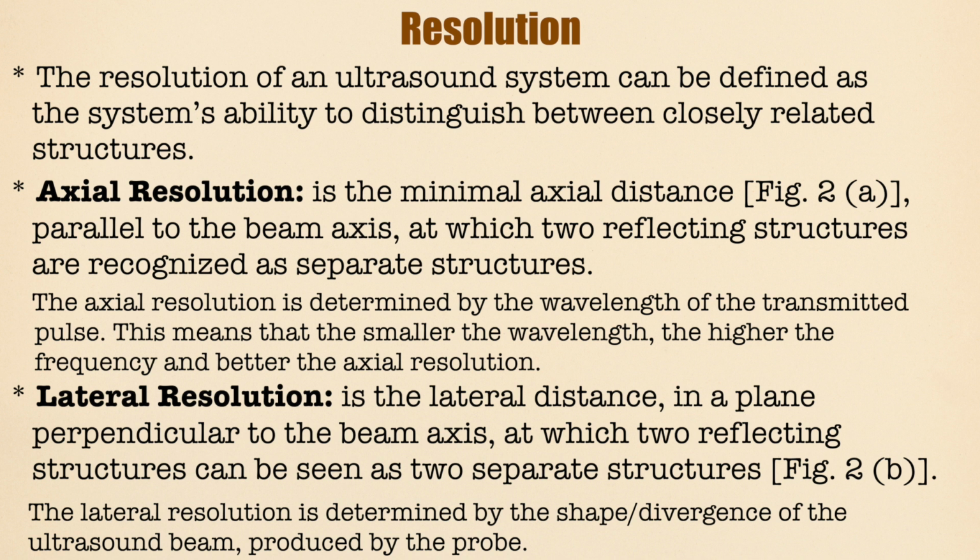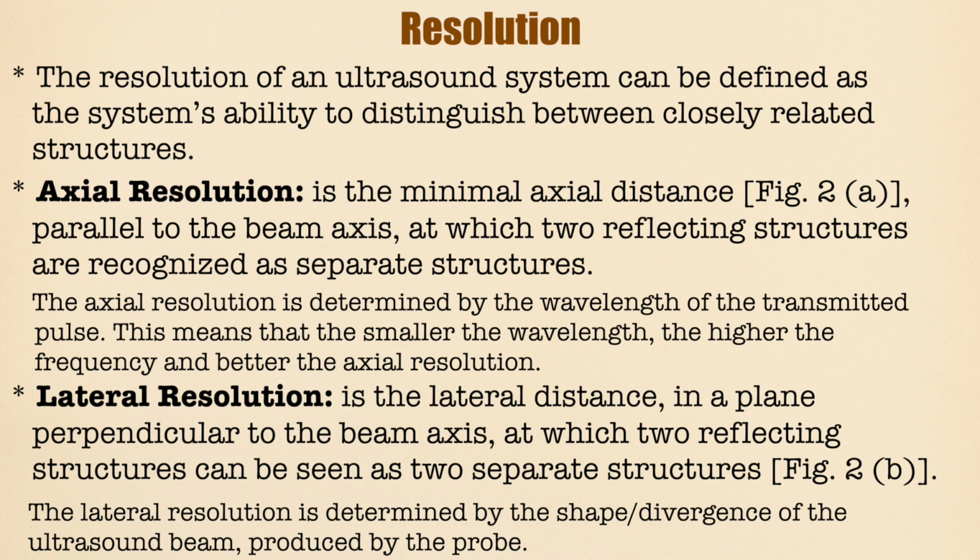This you can see in figure 2a. The axial resolution is determined by the wavelength of the transmitted pulse. This means that the smaller the wavelength, the higher the frequency and the better the axial resolution.